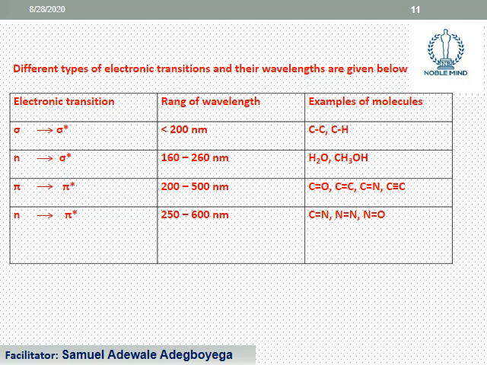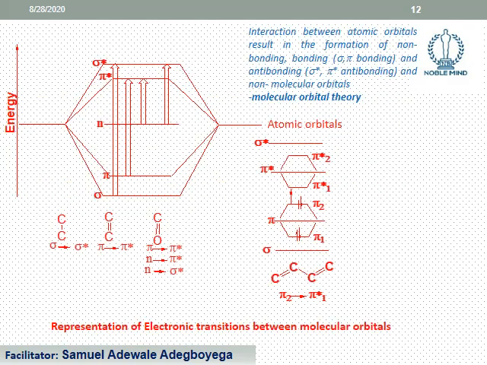We can also have n to sigma star, that is non-bonding to sigma star transition. You have pi to pi star, and you have different functional groups in that region, and you can also have non-bonding to pi star.